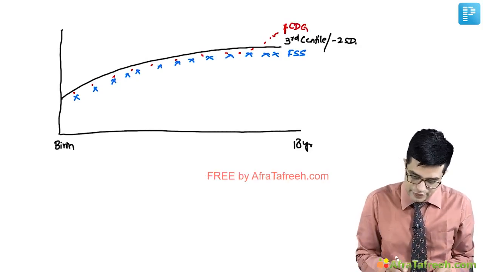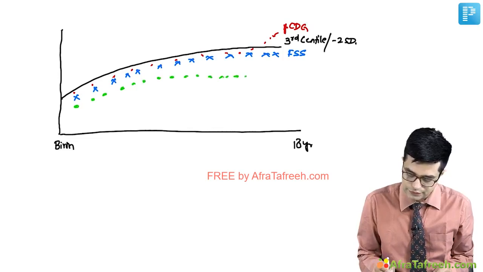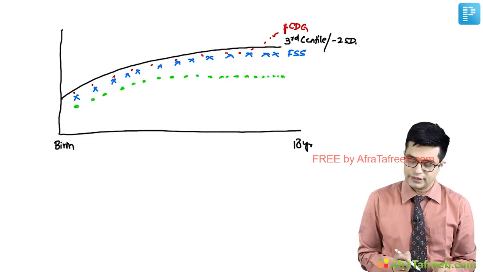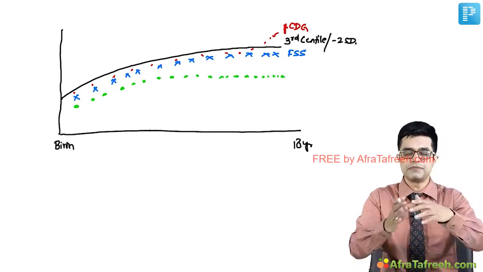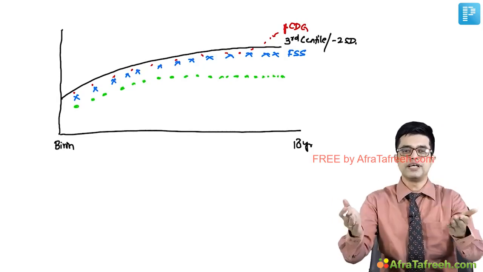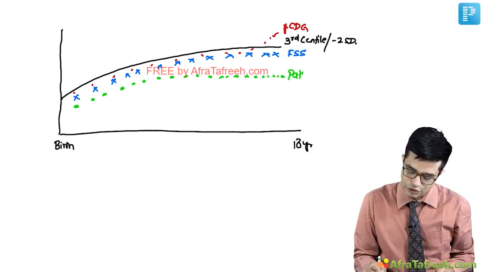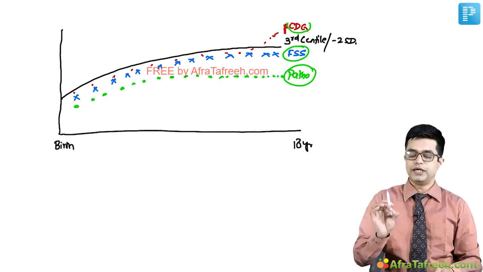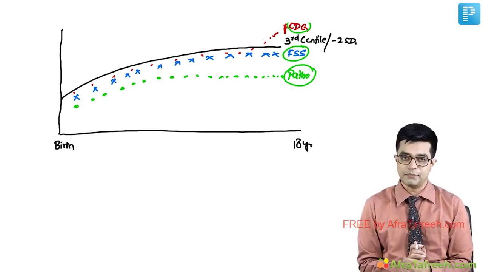And if you have a plotting becoming plateaued, not following the growth curve, becoming plateaued like this, or severely retarded, below -3, below -4, sometimes just not growing at all, just becoming static like a straight line, think of pathological short stature. These are the things you need to remember if you get a difficult visual based question in your super specialty exam.